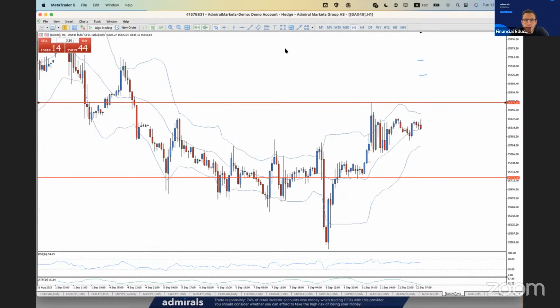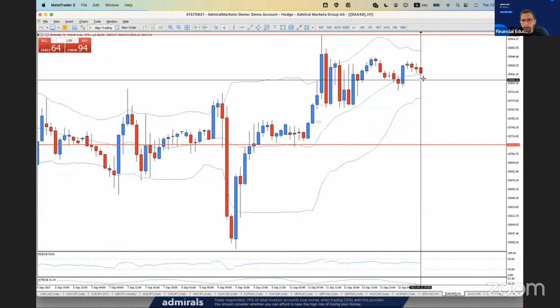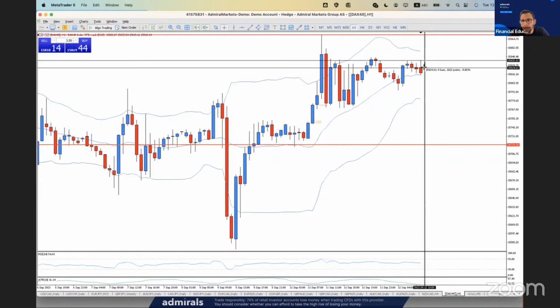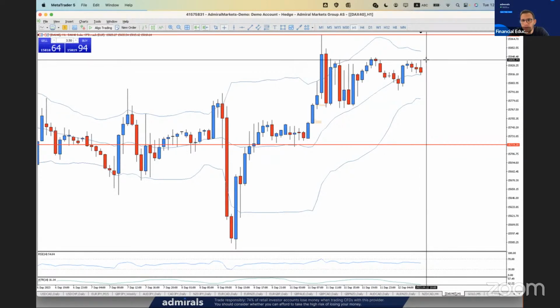Now, 1 minute for the London Open. If for some people the moving average can be explained as support, you can easily place a buy stop order above here.